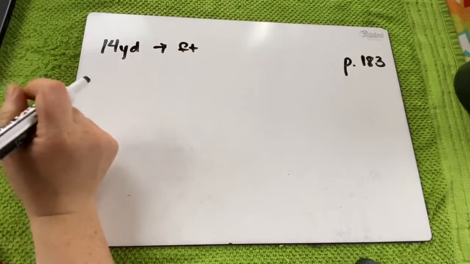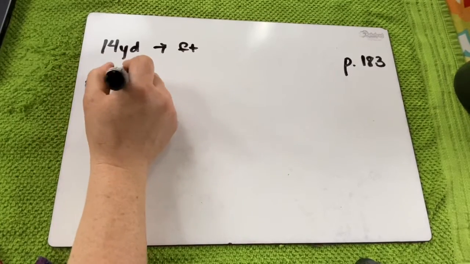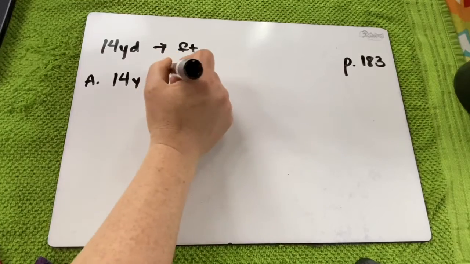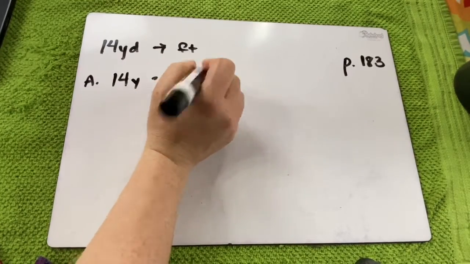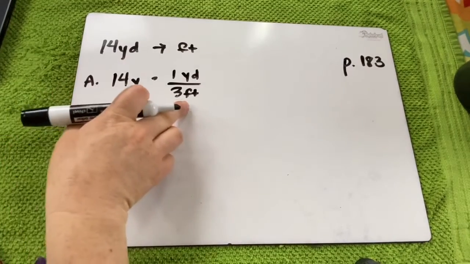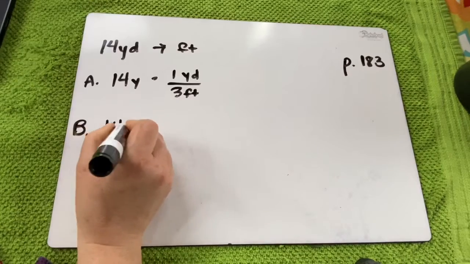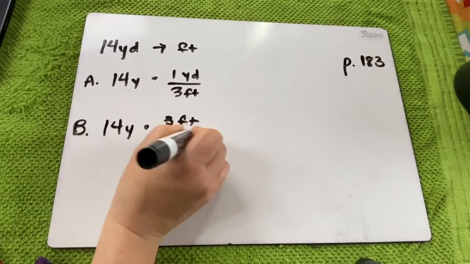That's what they want to change. So option A is 14 yards times 1 yard over 3 feet. And option B, 14 yards times 3 feet over 1 yard.